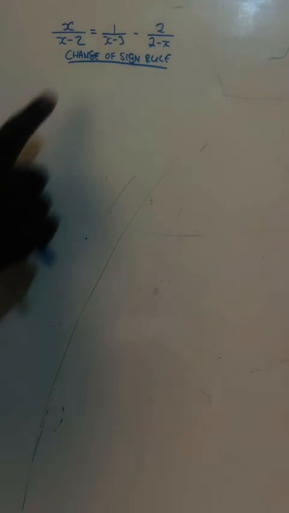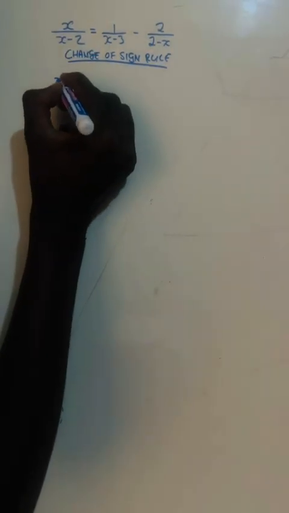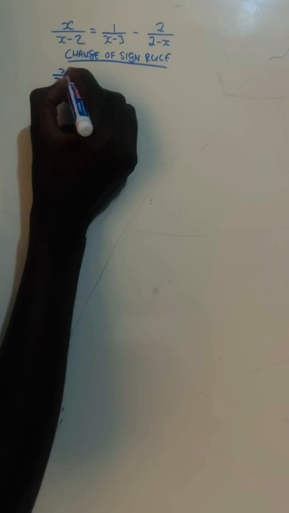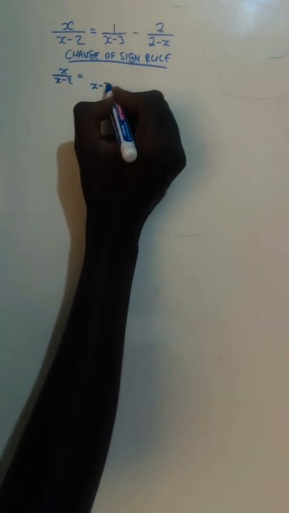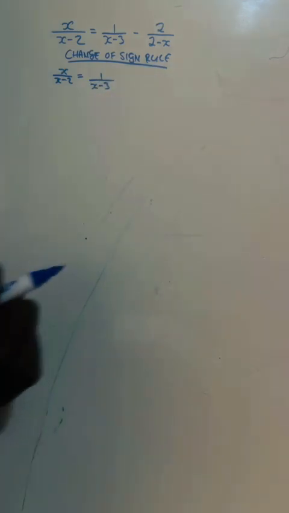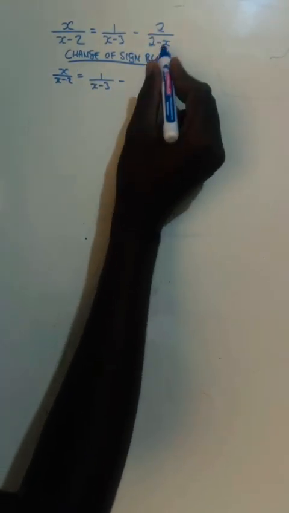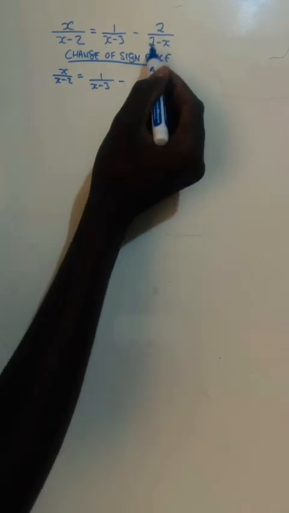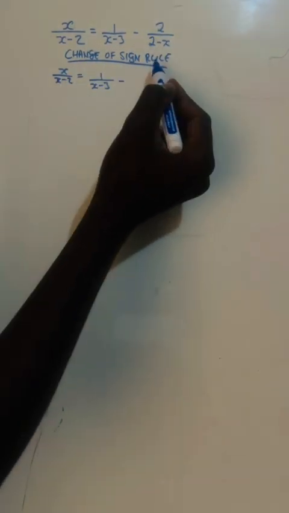As for the other two terms, we are just going to rewrite them. So I've got x over x minus 2 equals 1 over x minus 3, and then I've got a minus here, and now how do I utilize the change of sign rule on this 2 minus x?